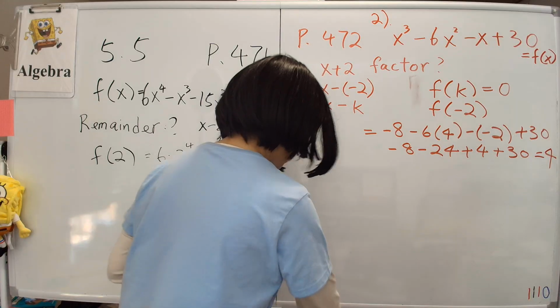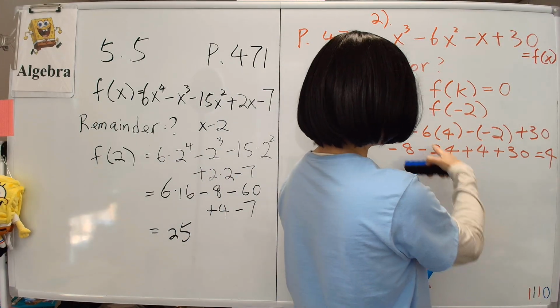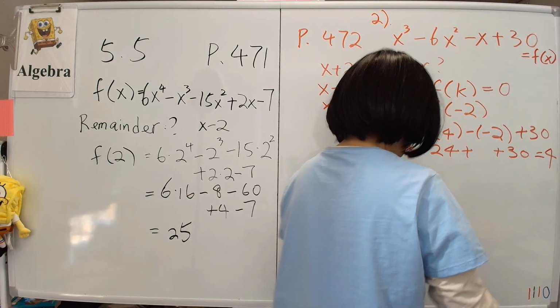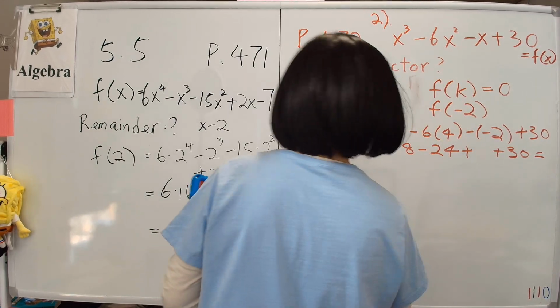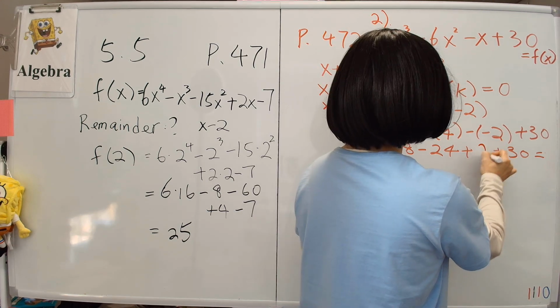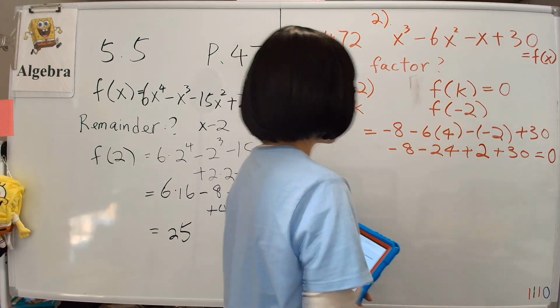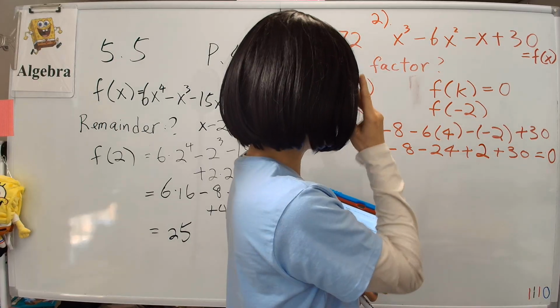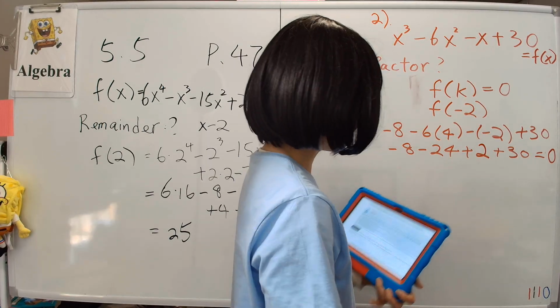All right, now I found my mistake. This is not plus 4, this is plus 2. Why did I say 4? I have no idea. So this is plus 2, and that is 0, for heaven's sake. Minus 8 minus 24 is minus 32, and then plus 32 is 0.